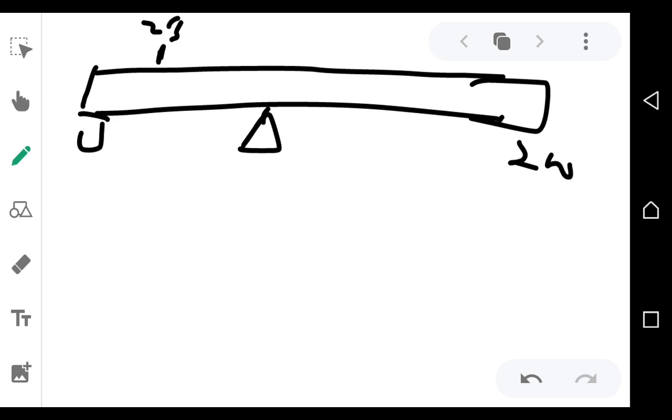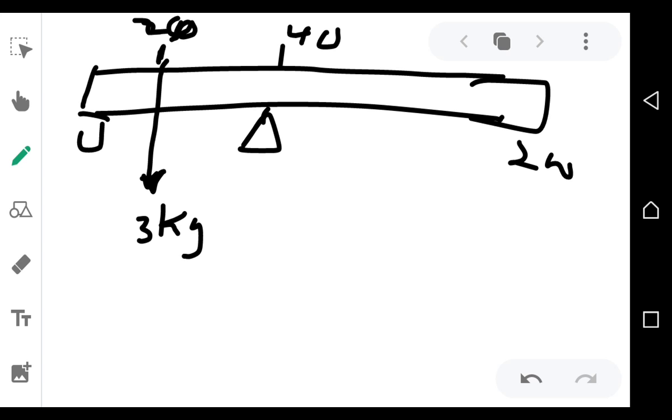Let me use 20 so it is easy, smaller numbers. 20, and then here I can put 40, for example. And then I put a weight here, the weight that's hanging there, let's say 3 kgs.